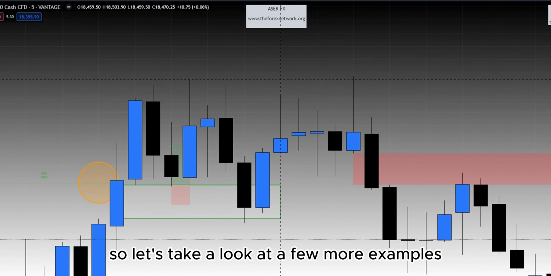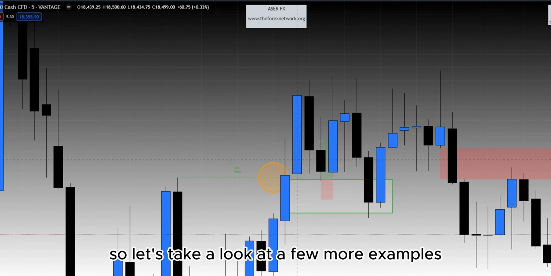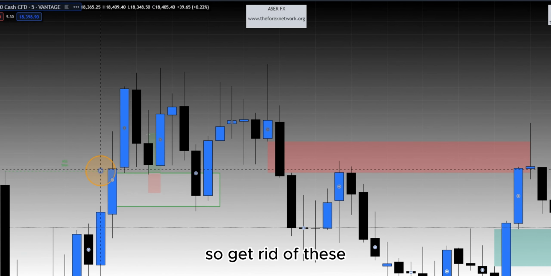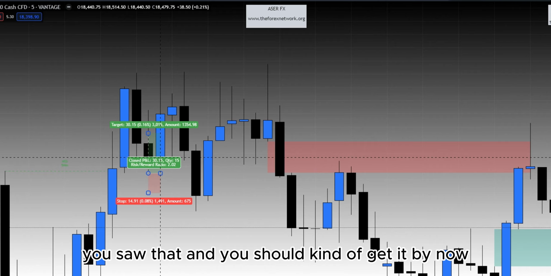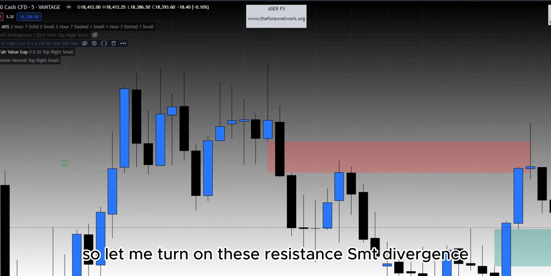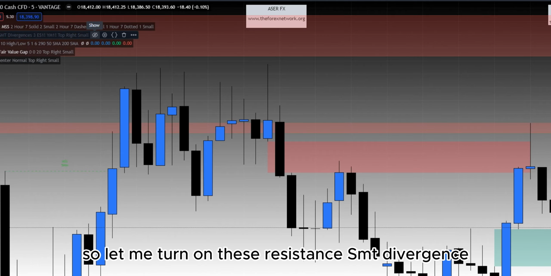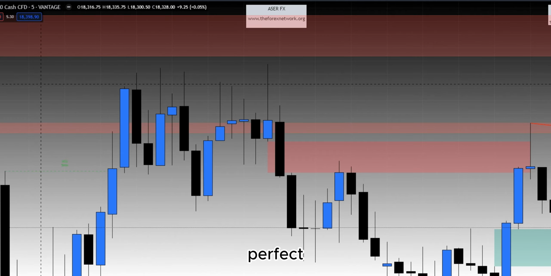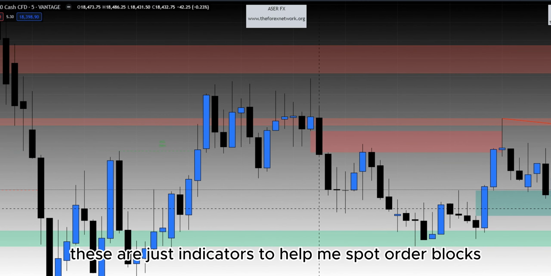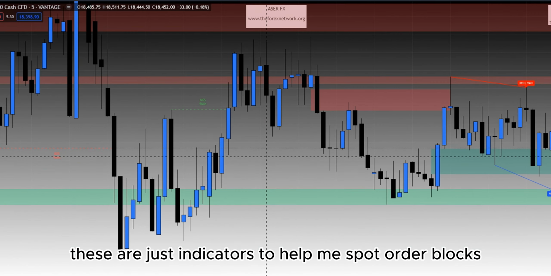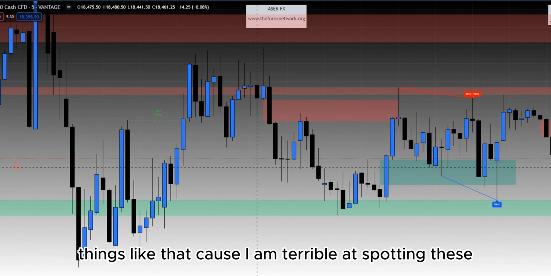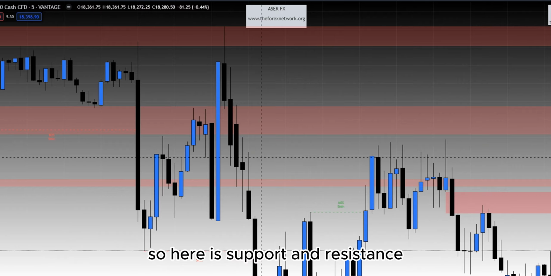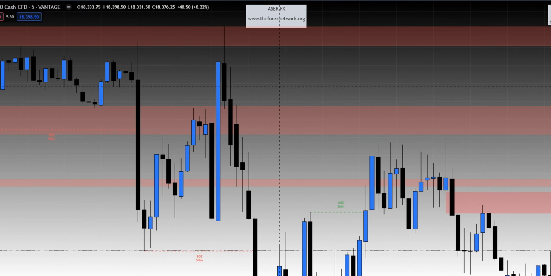So let's take a look at a few more examples. Let me get rid of these. You saw that, and you should kind of get it by now. So let me turn on these. Resistance, SMT divergence. Perfect. These are just indicators to help me spot order blocks, breaker blocks, things like that, because I am terrible at spotting these. Here is support and resistance, these little areas.